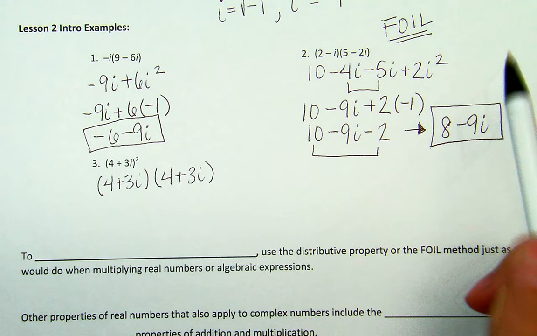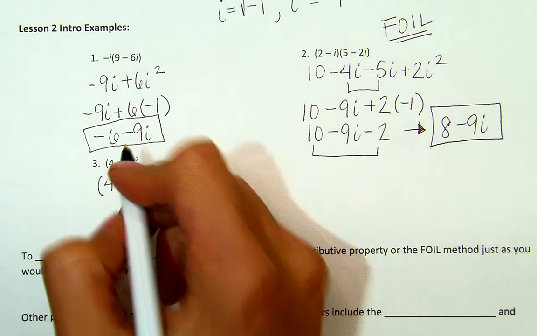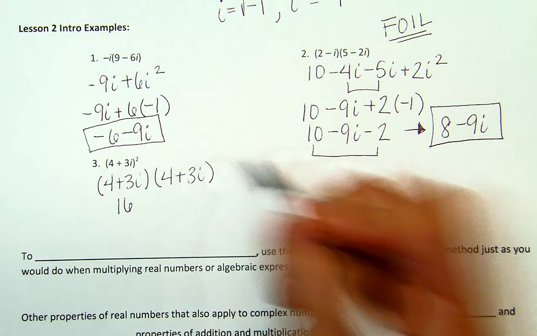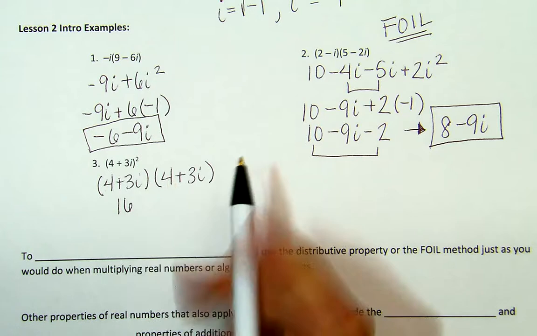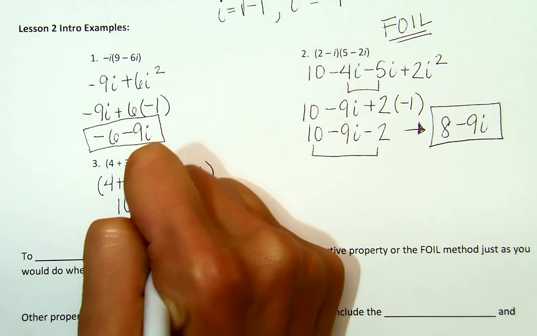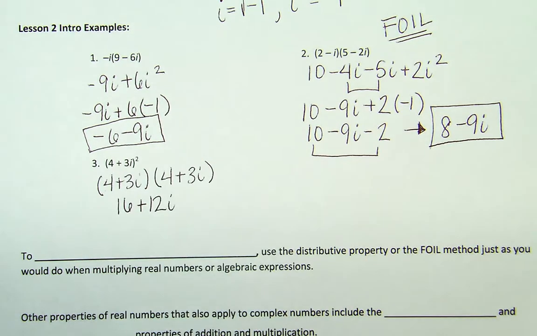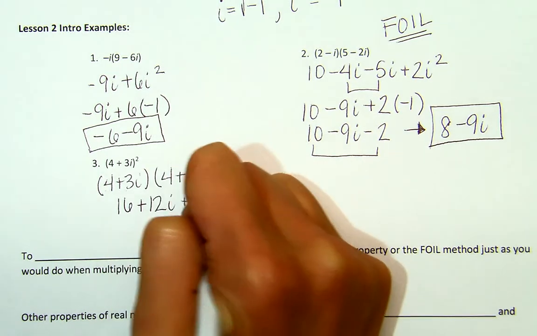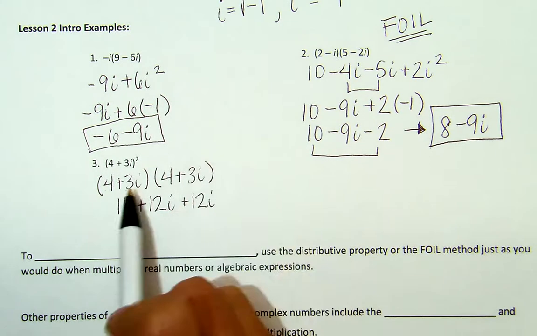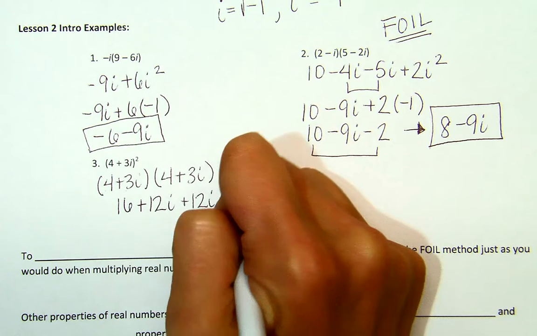Our first two terms give us 16, 4 times 4. Our outer two terms, 4 times positive 3i, gives us a positive 12i. Our inner two terms, 3i times 4, is another 12i. And then 3i times 3i is a positive 9i squared.